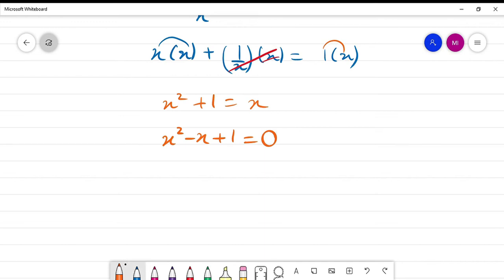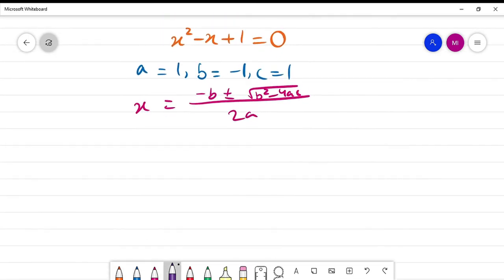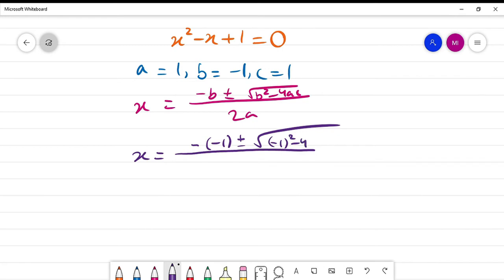Here a is equal to 1, b is equal to negative 1, and c is equal to 1. And the quadratic formula is x is equal to negative b plus minus under root of b squared minus 4ac divided by 2a. x is equal to negative into negative 1, we're putting in the values, plus minus under root of negative 1 squared minus 4 into 1, as a and c are 1, divided by 2 into a, which is 1.